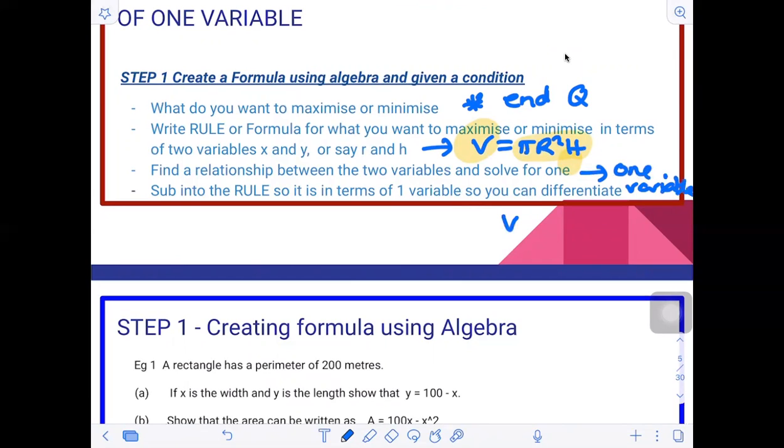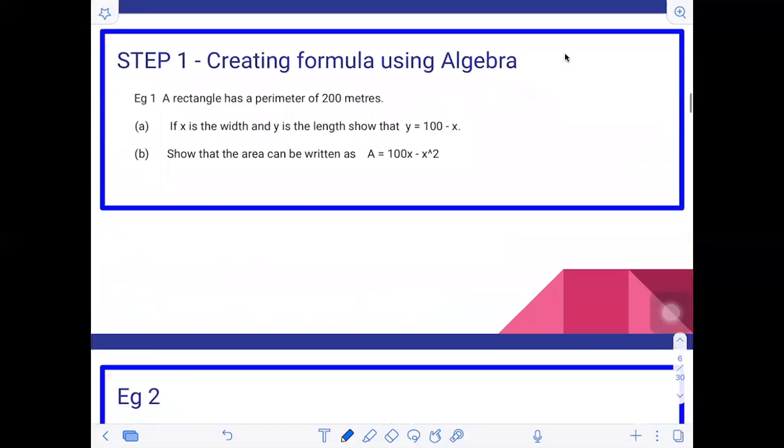Then you're able to find V dash, for example. There'll be some other information, which will be the restraint on the 2 variables, maybe given the perimeter, given the area, given Pythagoras, maybe similar triangles, that will help you find a relationship between those 2 variables. Then you solve for one of those variables and you sub it into your main formula, so you can write a formula in terms of 1 variable. Okay, so we're just going to look at, first of all, just creating the formula.